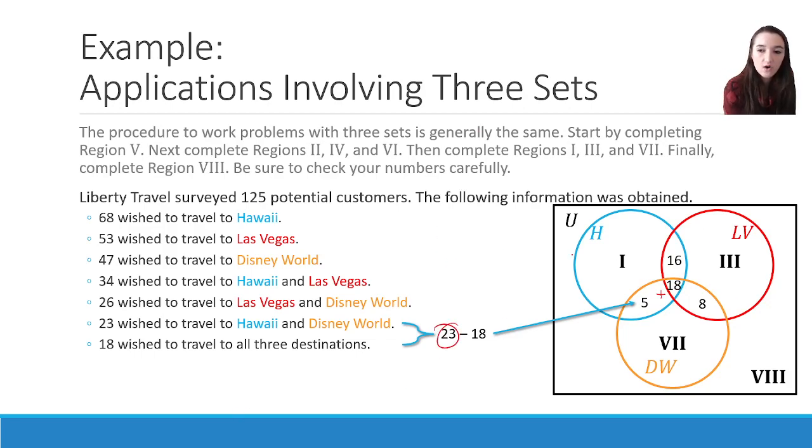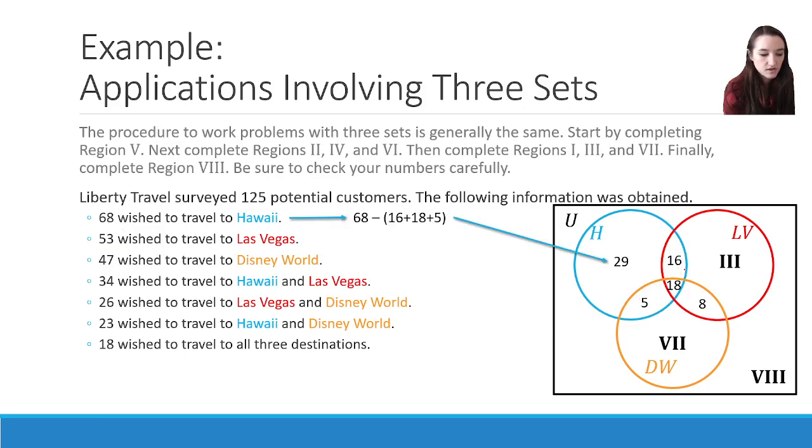So now we can move out once again. Now that we have both of these, we can move towards the outer part. So all of Hawaii is 68. We've already accounted for 16 plus 5 plus 18. So what's left over? 68 minus that sum ends up being 29. So all of this together should equal 68 if you're doing it correctly.